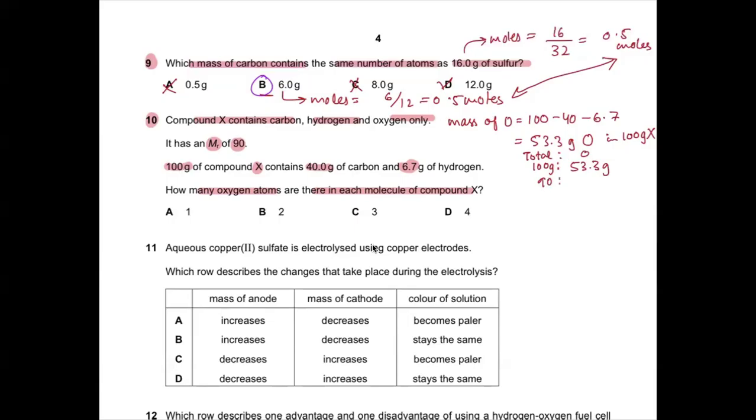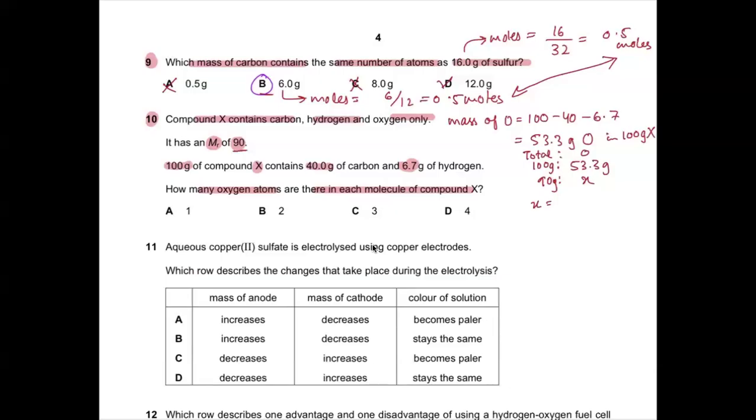So if there are 90 grams of compound X, then how much oxygen is there? Can anyone calculate the value of X? Because 90 is the MR, right? So 90 times 53.3 divided by 100. Is it 48?